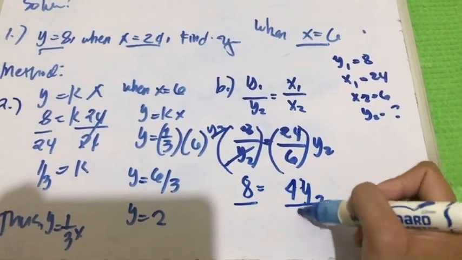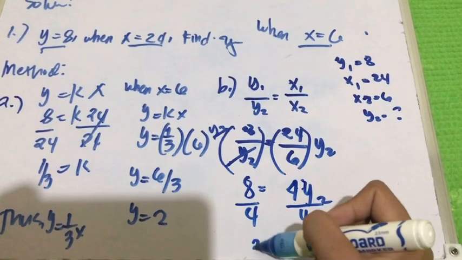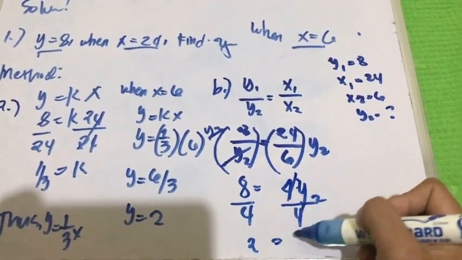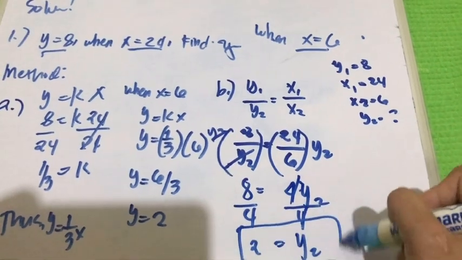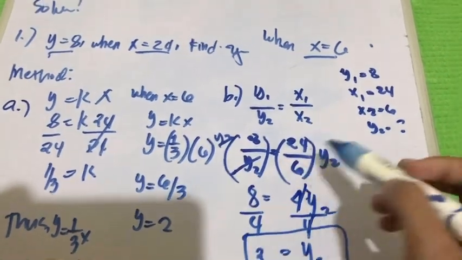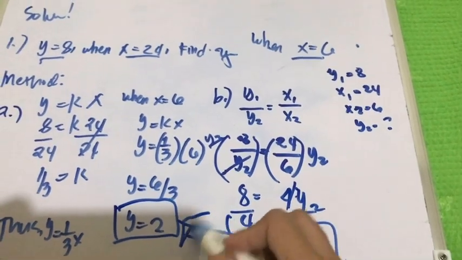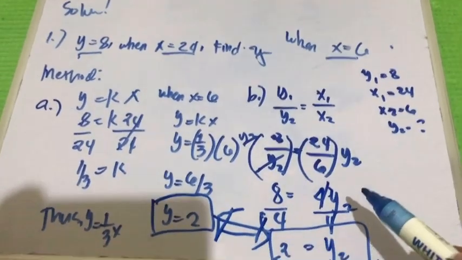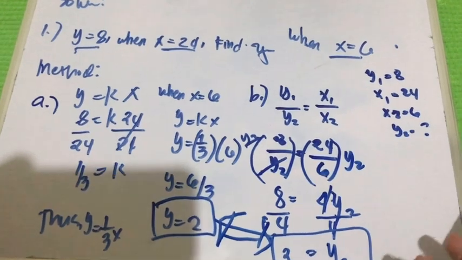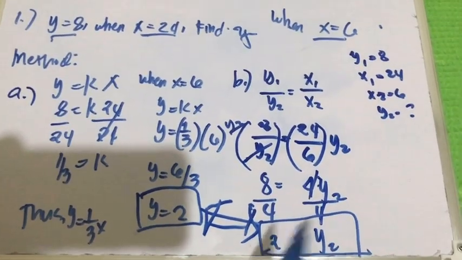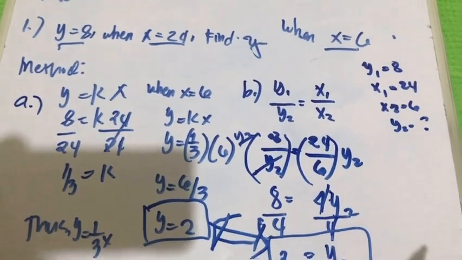And we divide both sides by 4. By 4, we have here 8 divided by 4. That's 2, and y sub 2. So this gives us the same answer. So it's up to you as to what method you're going to use, method A or method B. Choose whichever you are more comfortable with.